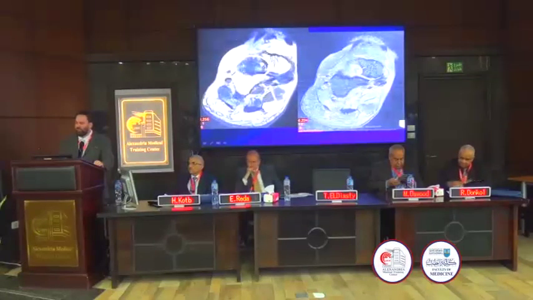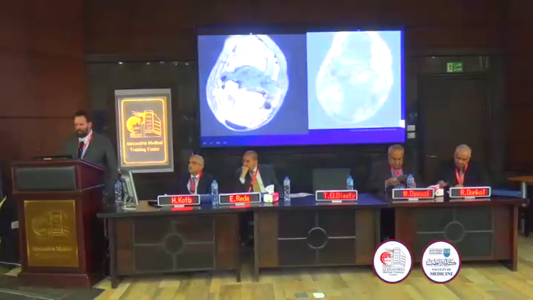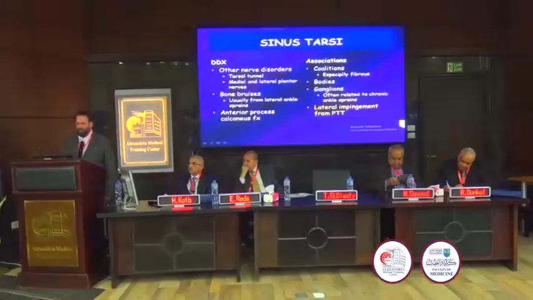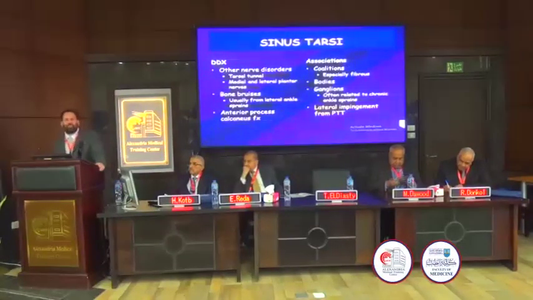So losing fat, sometimes the edema is subtle, loss of fat with edema, all three points. So there are associations with sinus tarsi syndrome, and there's differential diagnosis of sinus tarsi syndrome.